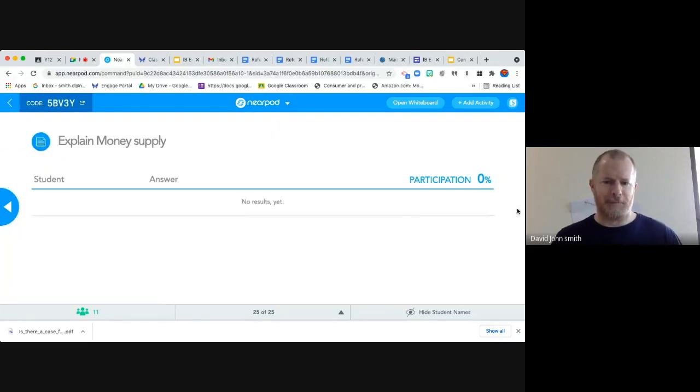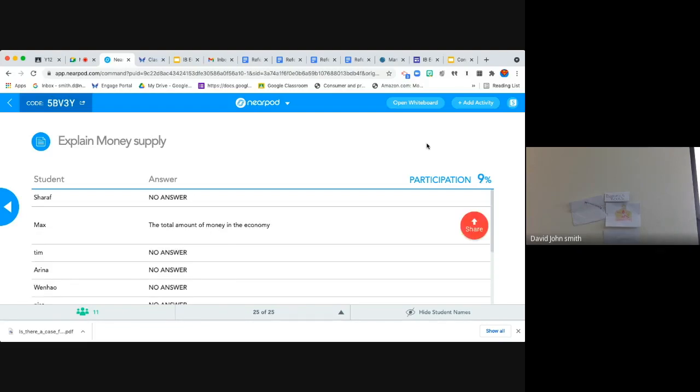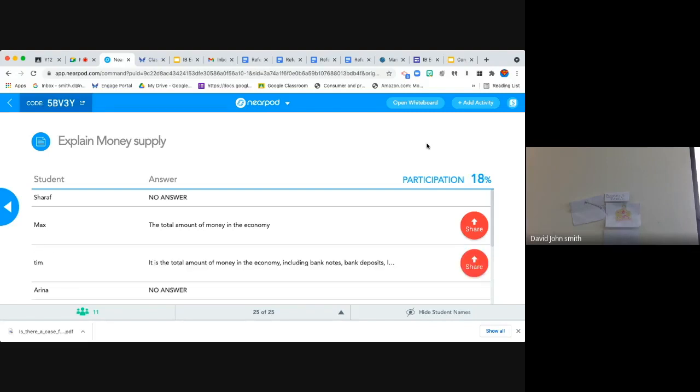Now, what was money supply again? Total amount of money in the economy.